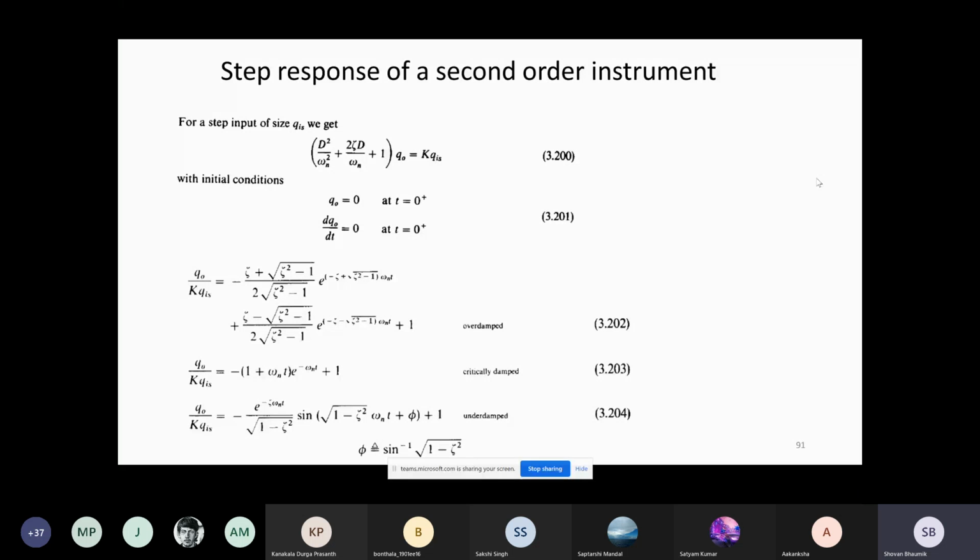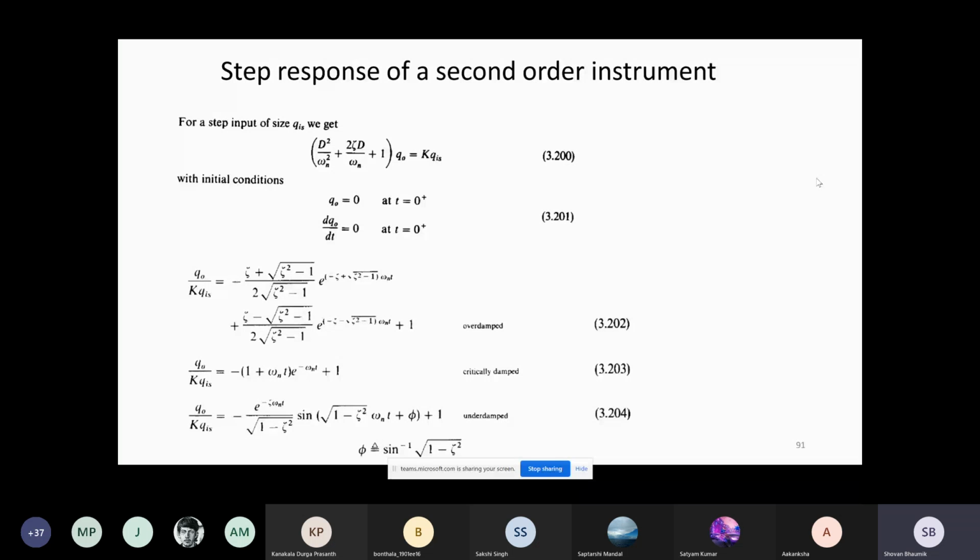It never overshoots. And when t tends to infinity, these terms will go down and it will reach 1, or k, rather k, because k is the static gain. So if we divide by k, it will reach 1. If we don't divide by k, it will reach k, because it is a static gain. This is called critically damped, and this system is also of limited use.